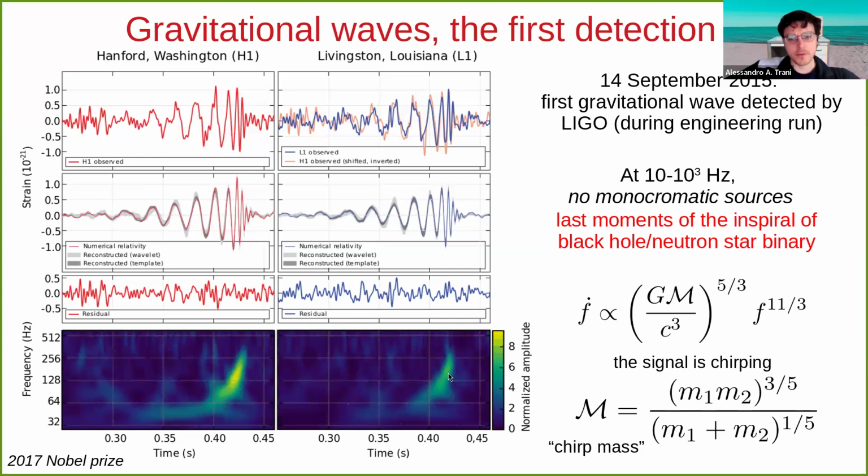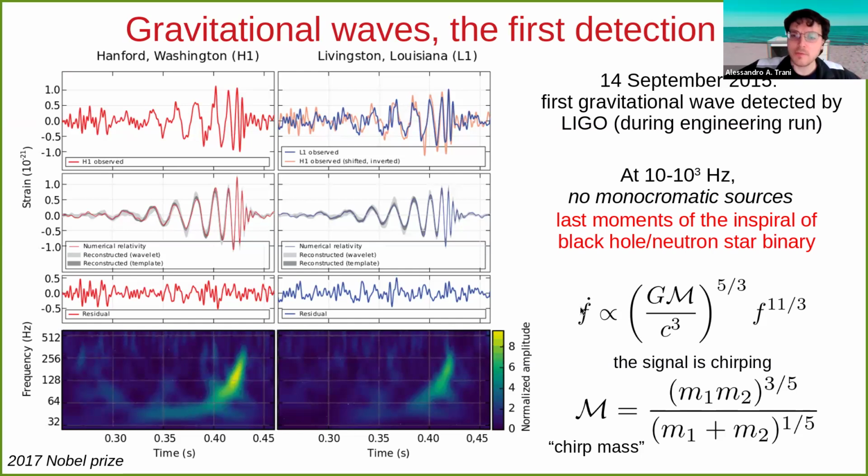What we can capture with ground-based detectors is the last instants of the inspiral of a binary. And we say that the signal is chirping, which means it crosses several frequencies. And you can see this is the expression of the derivative of the frequency as it sweeps through the frequencies until it inspirals and you have the merger event.